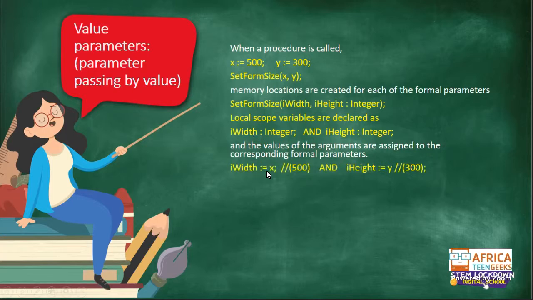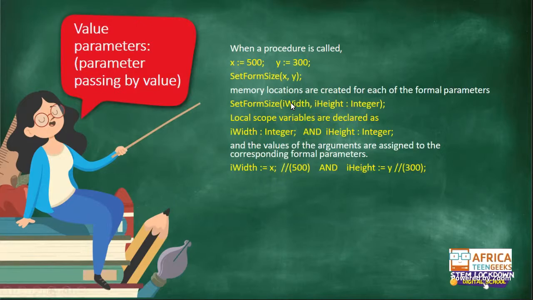So I width would now be assigned the value of x, and we know that is 500. And I height will be assigned the value of y, which we know is 300. So now my procedure has created these local variables, and they've been assigned these values.